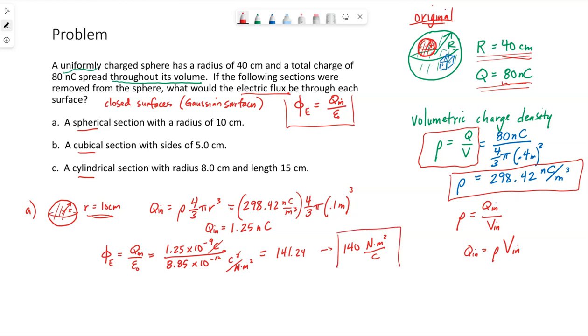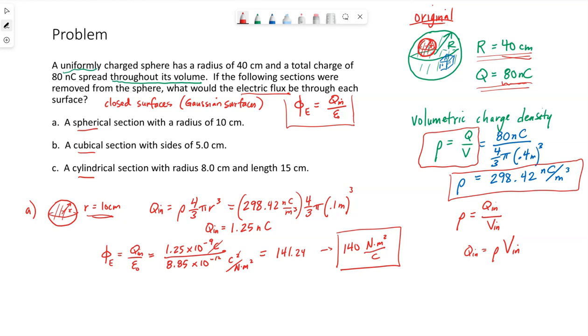And so the units of our flux is newtons times meters squared over coulombs, which hopefully makes sense if we think about flux in terms of the integral of electric field dotted with area. Electric field is newtons per coulomb, area would be meters squared. Okay, so this would be the flux through this spherical section that has a radius of 10 centimeters.